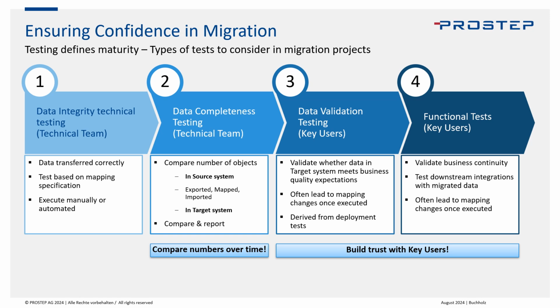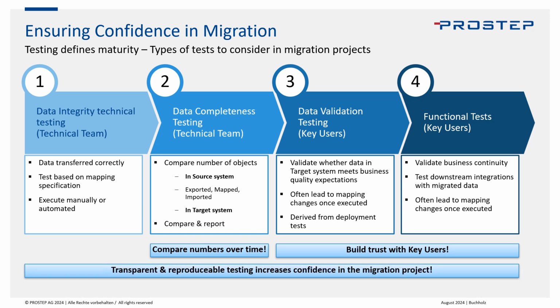Going through all of these tests, of course, takes time, but it's the only way to really build trust in the end with your users, with the stakeholders of the migration project. Right, and when you're reporting on all of these test results, then it's transparent and reproducible, which will increase the confidence itself in the migration project.